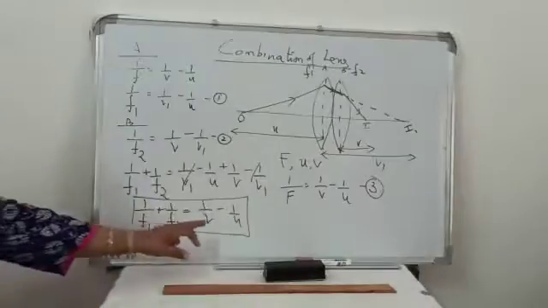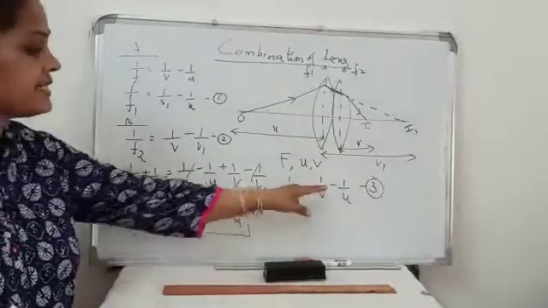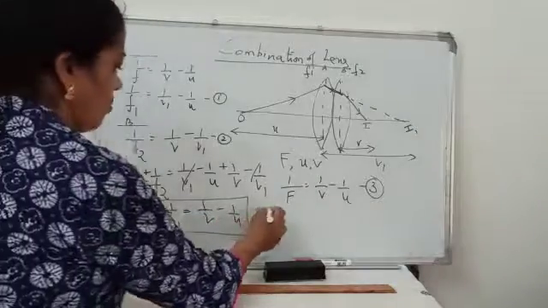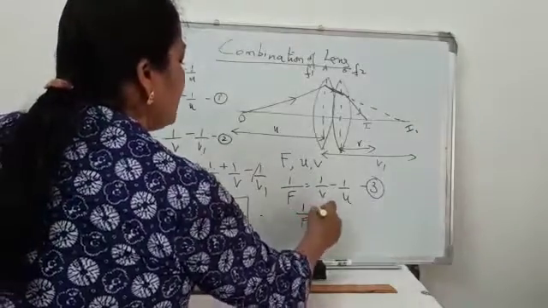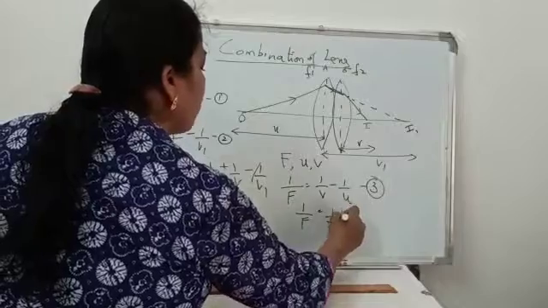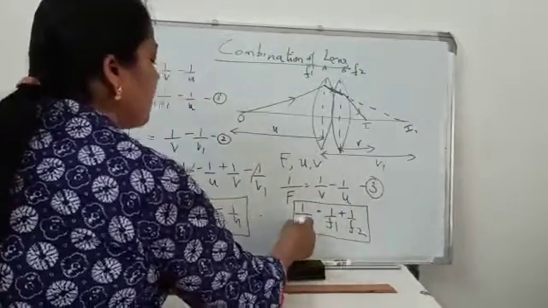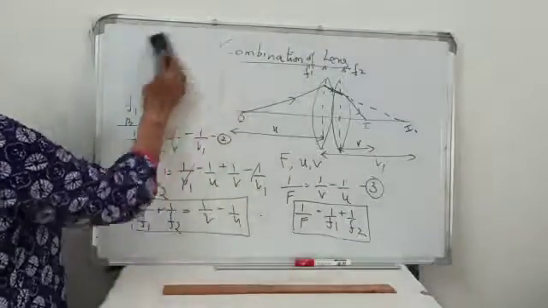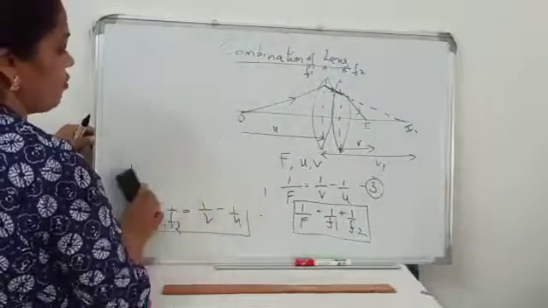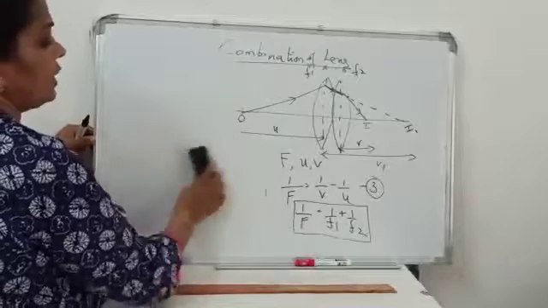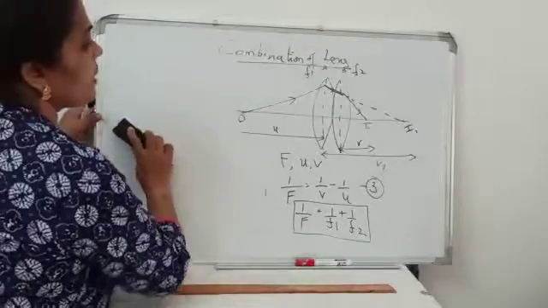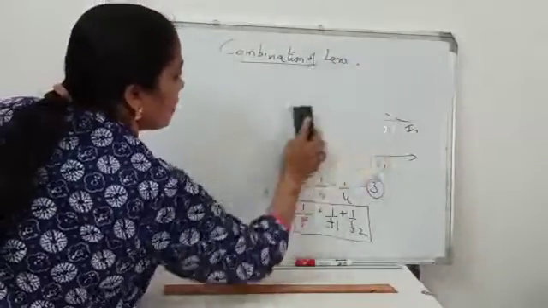So when we compare these two equations, the right hand side is the same. Therefore, 1 by f is equal to 1 by f1 plus 1 by f2. So whenever we combine lenses, the reciprocal of the focal length will be equal to the sum of the reciprocals of the individual focal lengths.